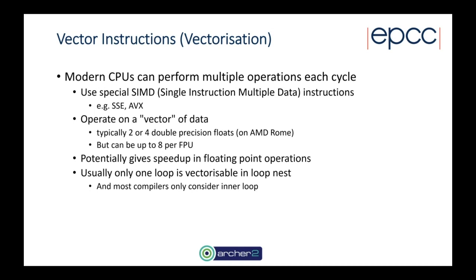There are a number of different ways to program vector hardware, but like everything else we've looked at here, what we advocate is using the compiler to do this for you. So we're not advocating, necessarily, writing assembler code or intrinsics code, which includes specific instructions to target the vector units.